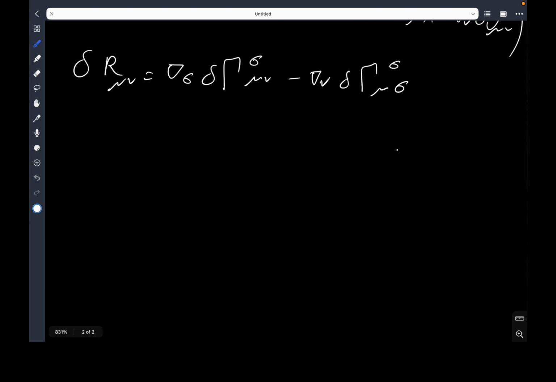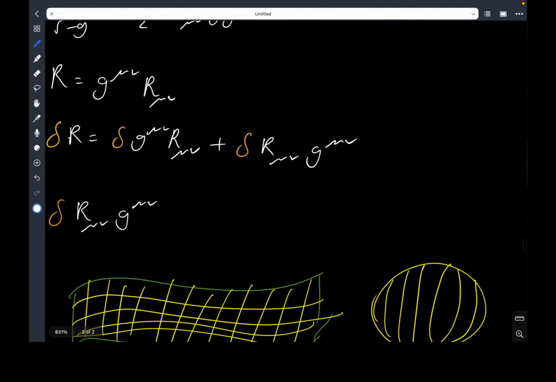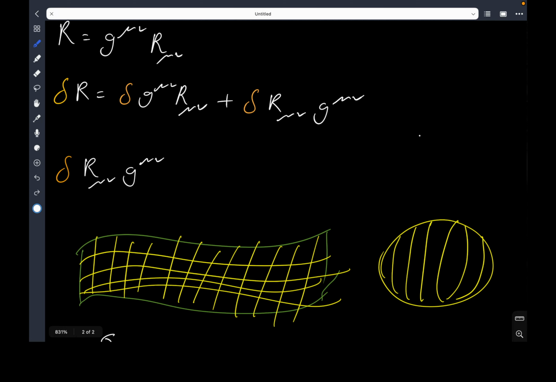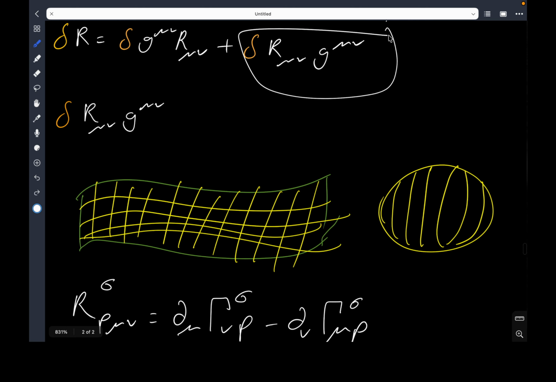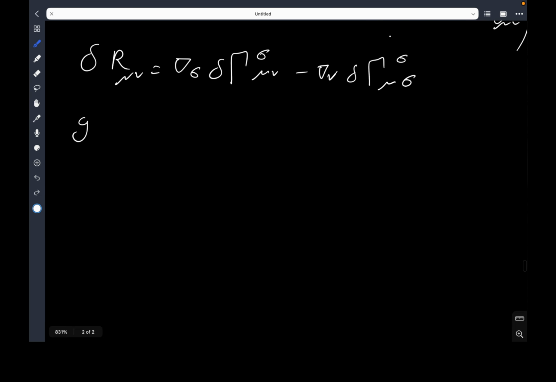So what I'm going to do here is multiply this thing by a g mu nu, as we were looking to prove that this term is going to go down to 0. So we want to prove that this term is 0, so I'm going to say g mu nu delta R mu nu is the following.